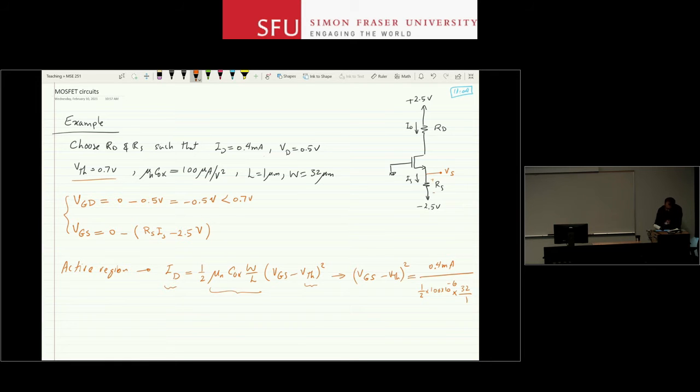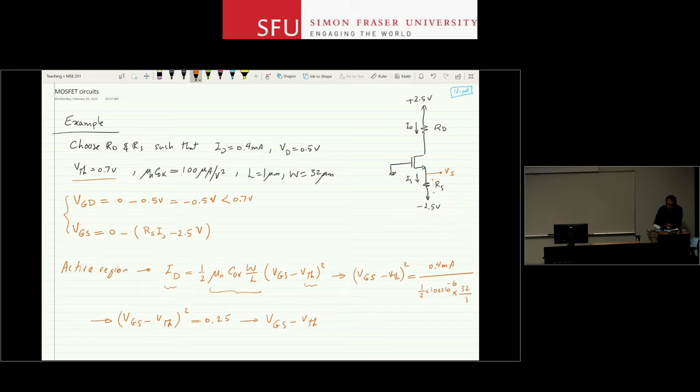Okay? And if I do the calculations, I can see that VGS minus VTH squared is 0.25, so therefore VGS minus VTH.